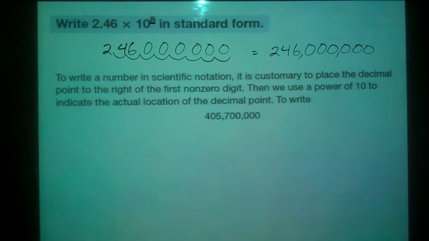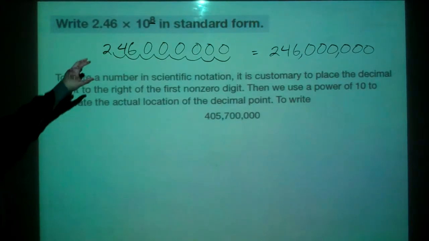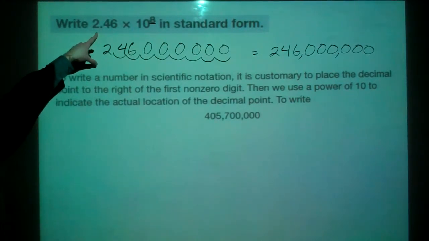To write a number in scientific notation, it is customary to place the decimal point to the right of the first non-zero digit. Then we use the power of 10 to indicate the actual location of the decimal point. Okay, so that's what I was talking about before. If we write a number in scientific notation, that's going from this type of number to this form.